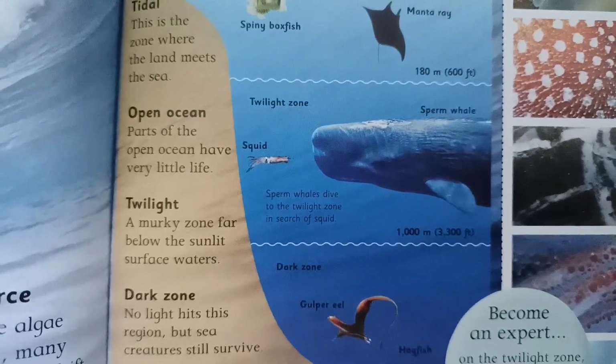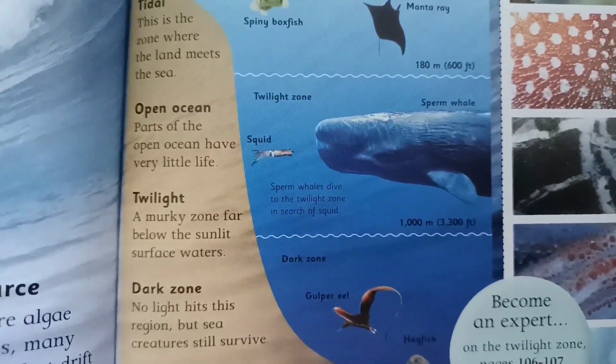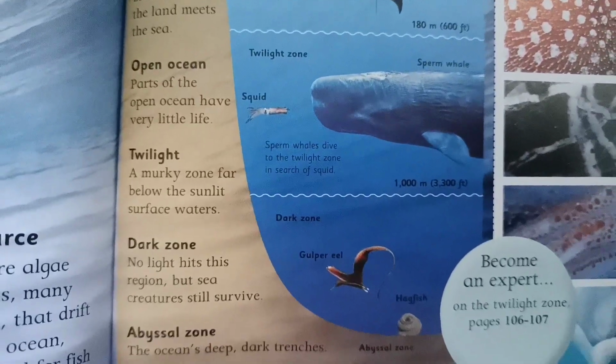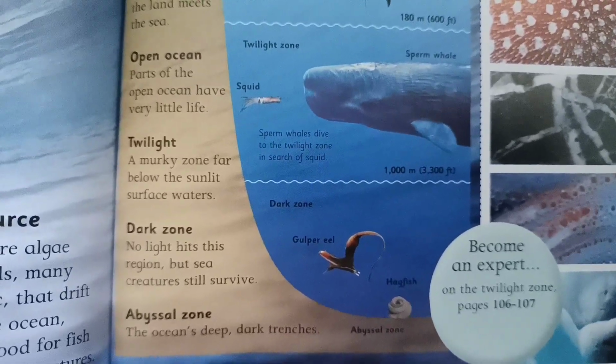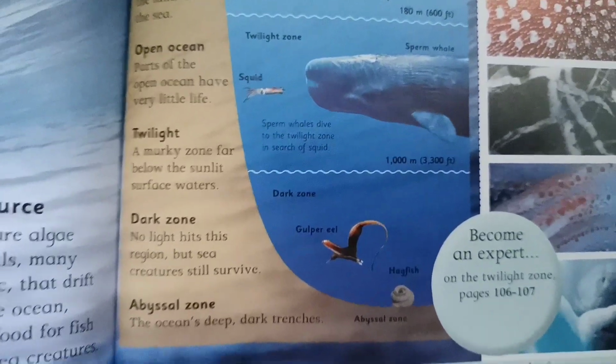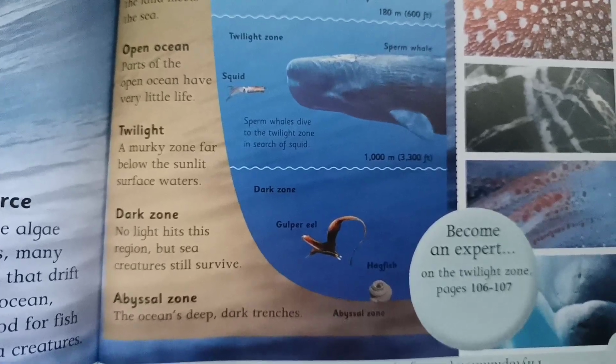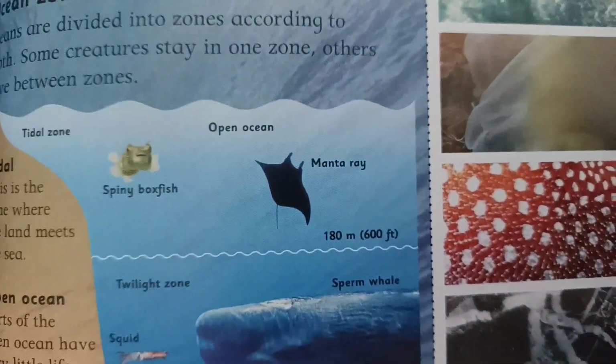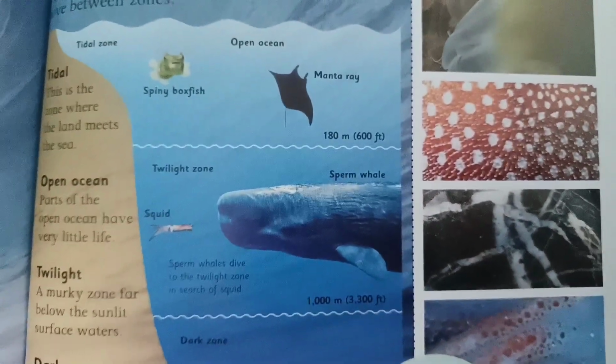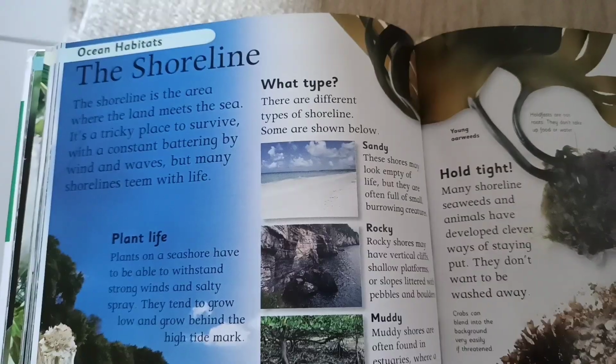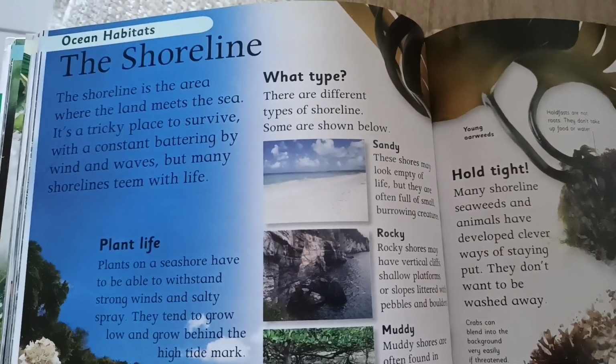Twilight, a murky zone below the sunlit surface waters. Dark zone, no light hits this region but sea creatures still survive. Abyssal zone, the ocean's deep dark trenches. So there you can see tidal zone, this is open ocean, twilight zone, dark zone.